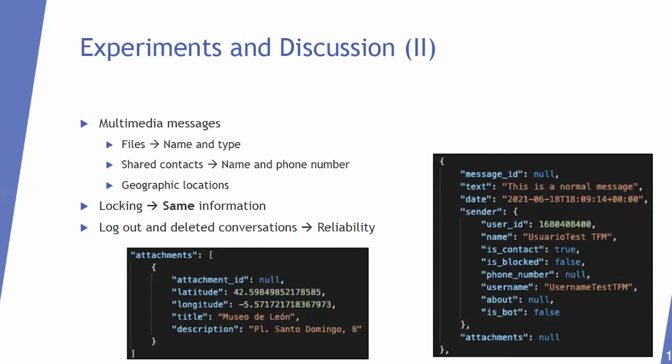In all our experiments, we have observed that when the application is logged in, we can get the same information as we can get when the application is not logged in. Additionally, we have been able to retrieve data after logging out and after deleting conversations, although these two particular processes are not completely reliable.